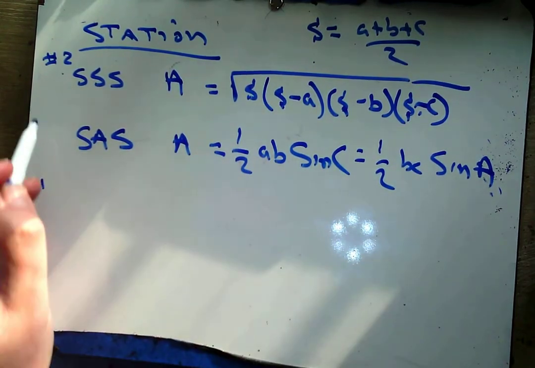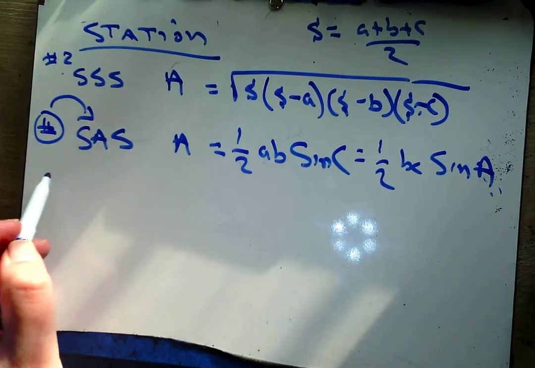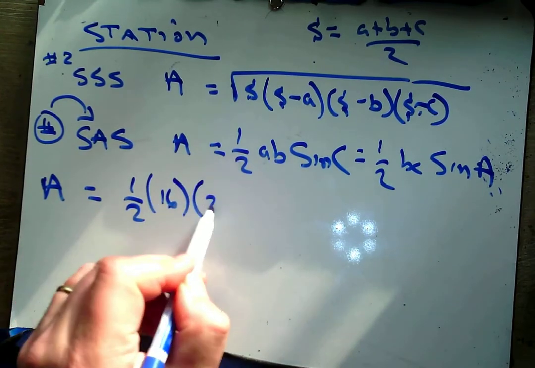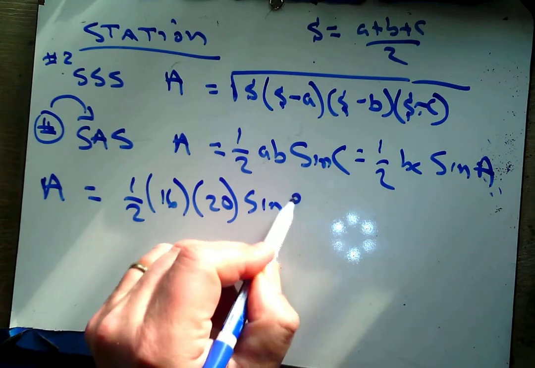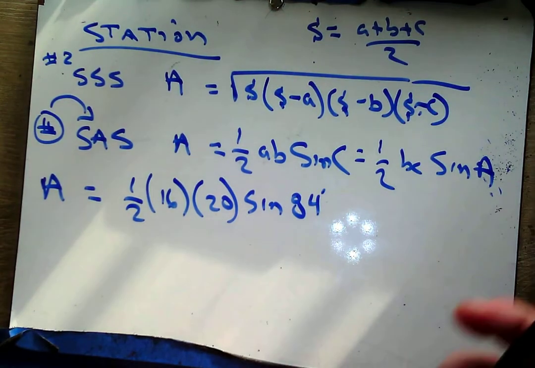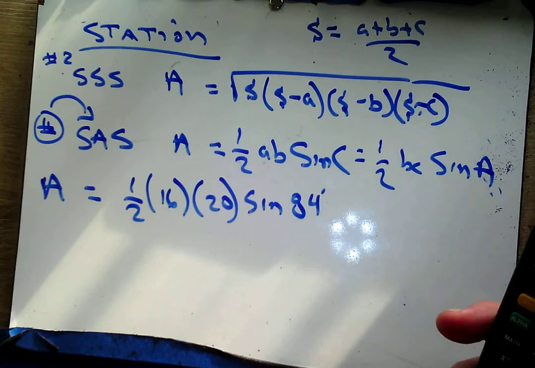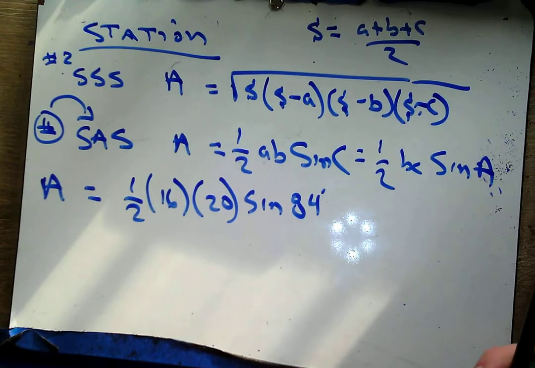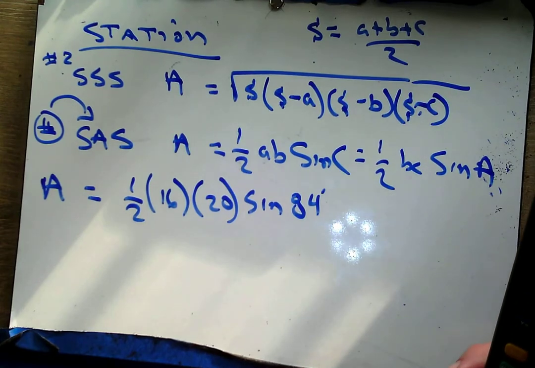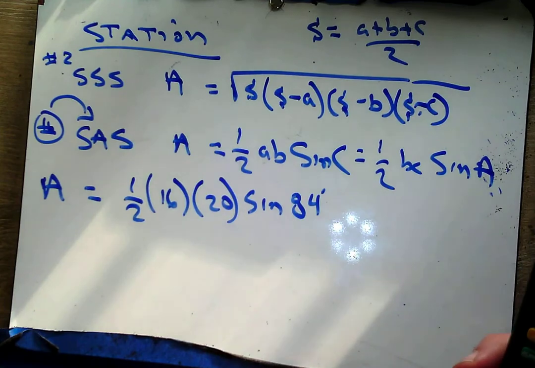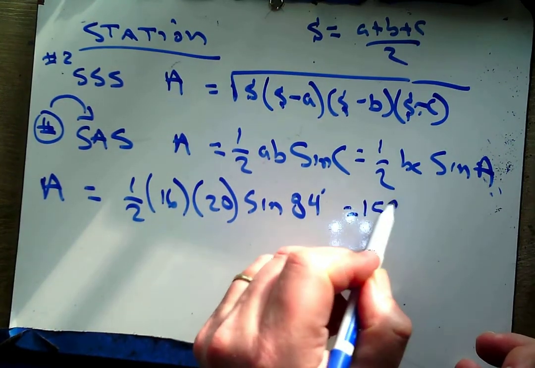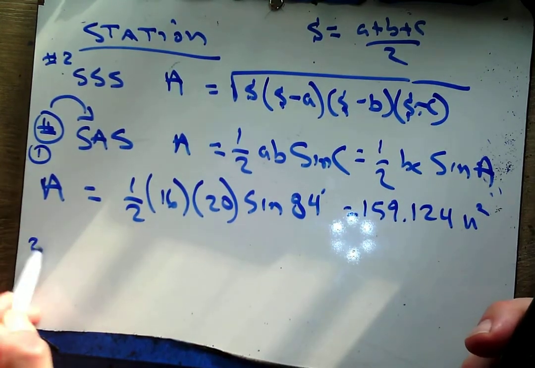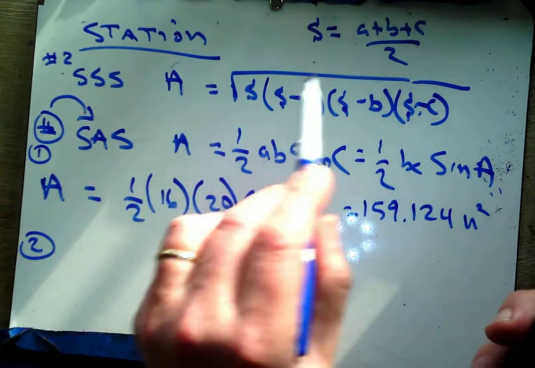So for problem number 1, I'm using this method, and I'm saying that the area is going to be 1/2 A times B times the sine of 84. Well, okay, so I'm going to do 160 times the sine of 84, and I forgot the sine, so 160 times sine of 84 gives me the area is 159.124 units squared.